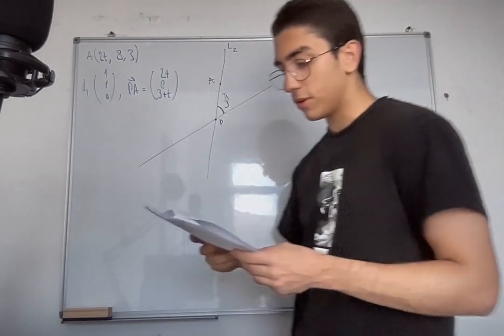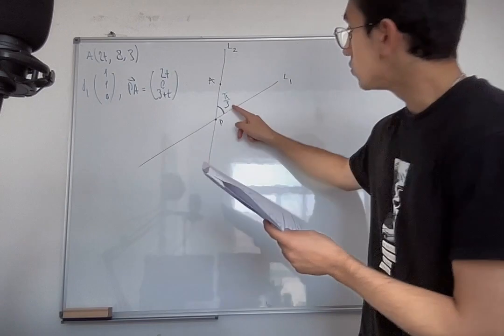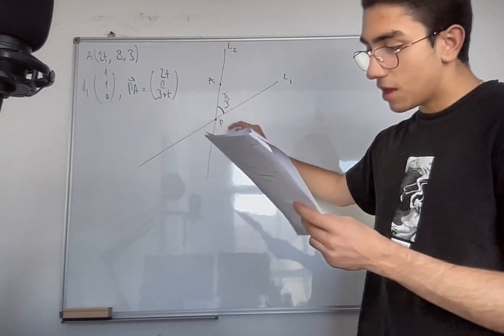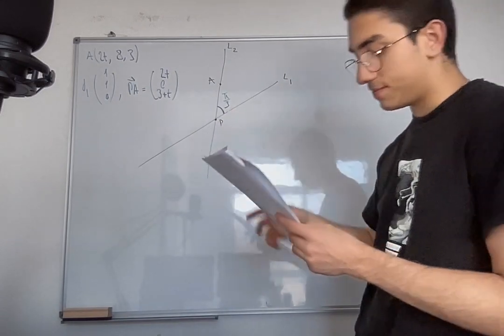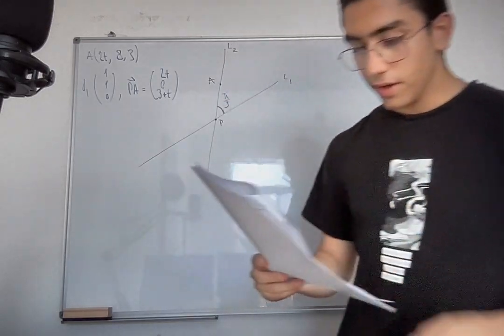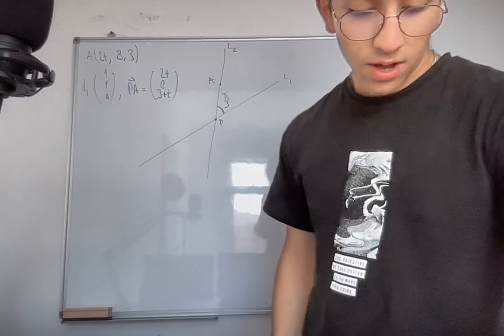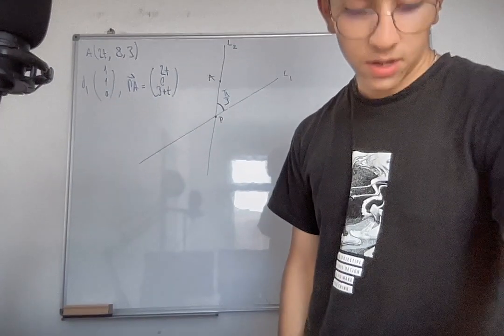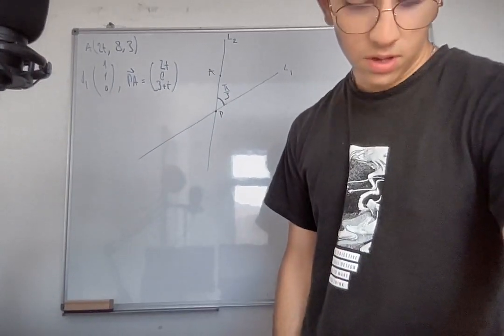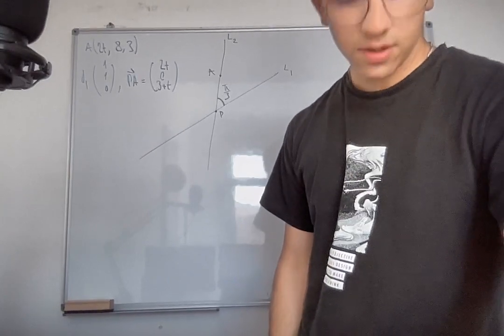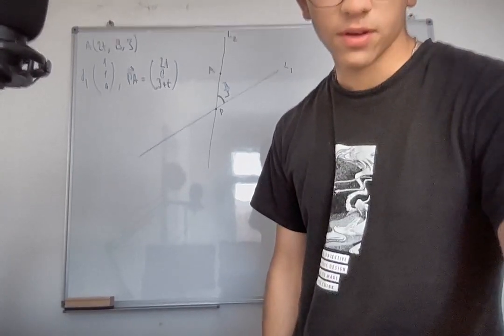This is shown in the following diagram. The acute angle between the two lines is pi over 3, and the direction vector of L1 is (1, 1, 0). I've written that here. And PA is (2t, 0, 3+t).